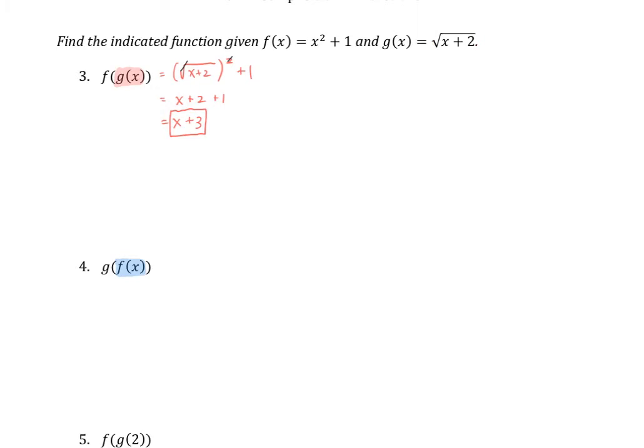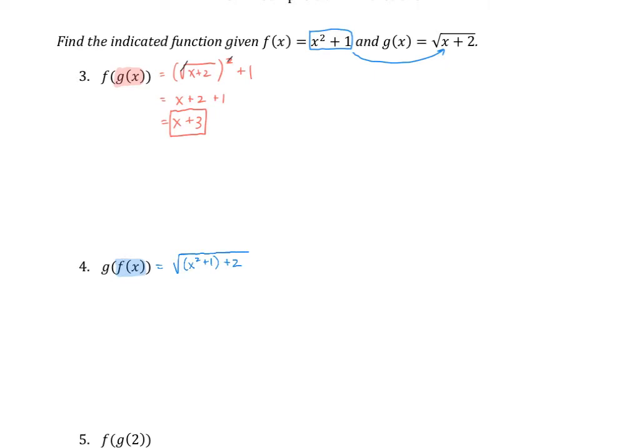Okay, we're going to be taking f, which is x squared plus 1, and plugging it into the x in g. So we're taking the f and plugging it into g. So when I do that, I get, let's see, square root, instead of x, I'm going to be putting in x squared plus 1 and then plus 2.